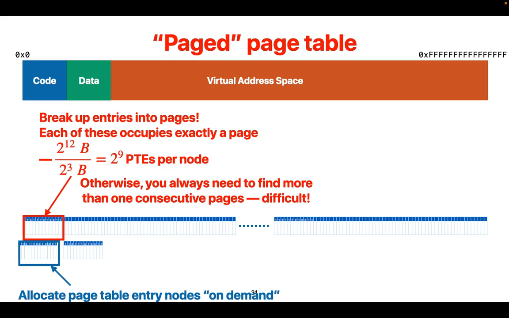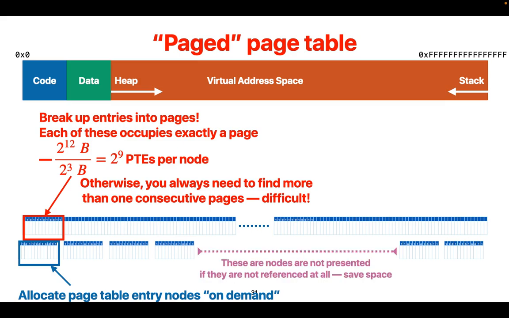And if I have a data section, similarly, I just gradually build up these table entries for the areas that I need. And for those middle sections, there won't be any node created. So that's the idea of how we save space.